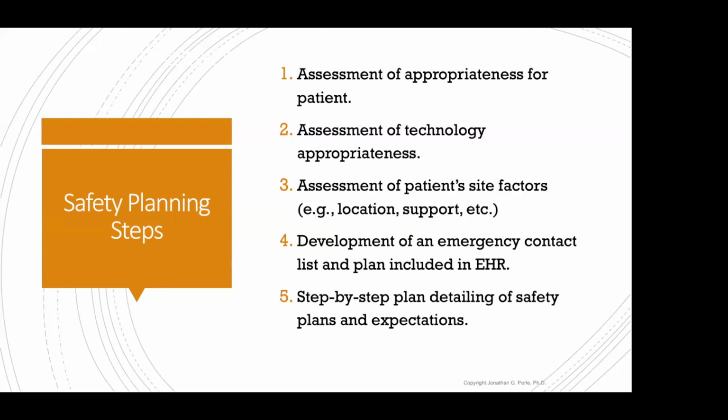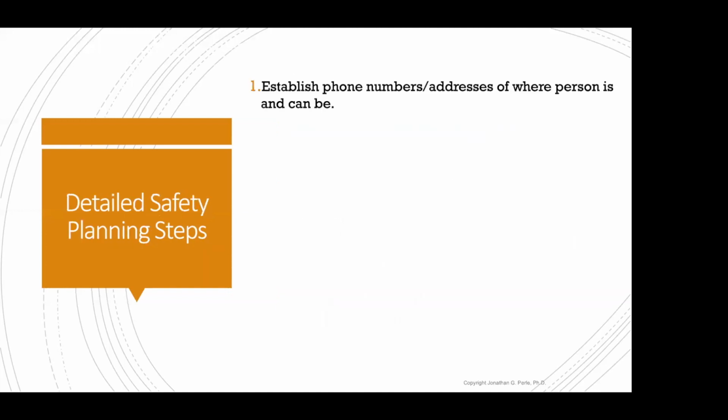Who is the person I can contact to check in and make sure they're okay? And make sure that we have that documented in the electronic health record, or in another place that's easily accessible. And really just having a step-by-step plan for detailing this and having these expectations up front so that it's not a surprise to the family when something like this does happen.